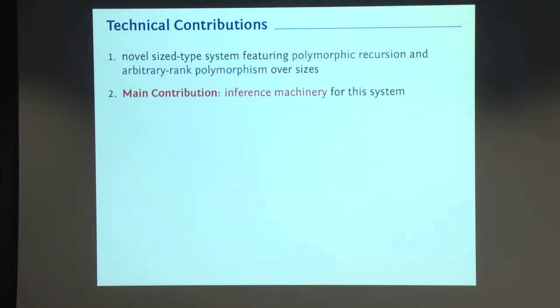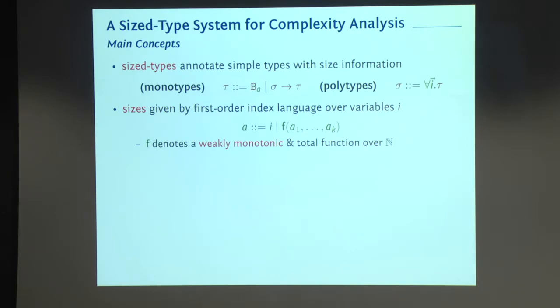However, the main contribution in this talk is not the size type system itself. Rather, it's an inference procedure for such size types. And we demonstrate this also in a small prototype implementation. So to keep things very simple, in the paper, we consider a very prototypical rule-based higher-order programming language with eager reduction semantics.